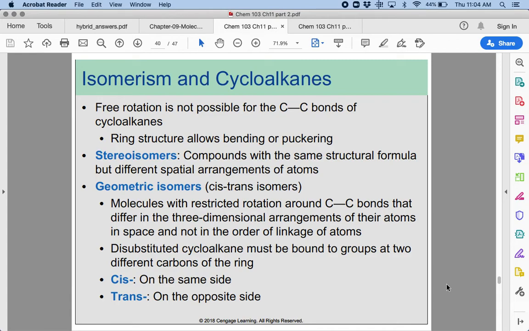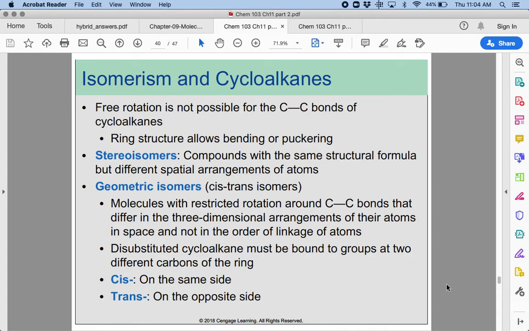In ring structures, even though they can go boat or chair, things like that, they're stuck. That's all they can do. They can't rotate infinitely. So they have what we call stereoisomerization. Things can be stuck up or down, and that's kind of it. And they aren't structural isomers because the arrangement, who's attached to who, is still the same.